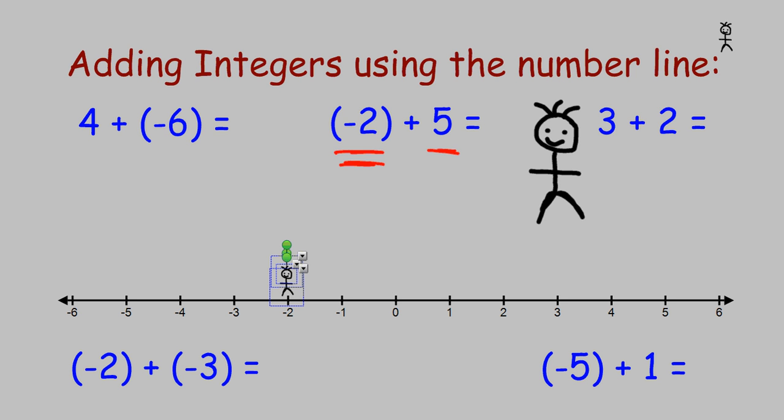And our second number tells us to go forward 5. 1, 2, 3, 4, 5. So where did we end up? All right, at 3. So negative 2 plus 5 is actually equal to a positive 3. And we would write that just with the number 3.